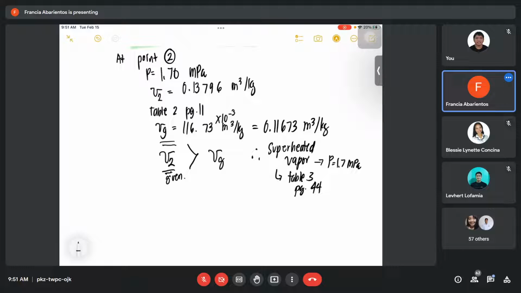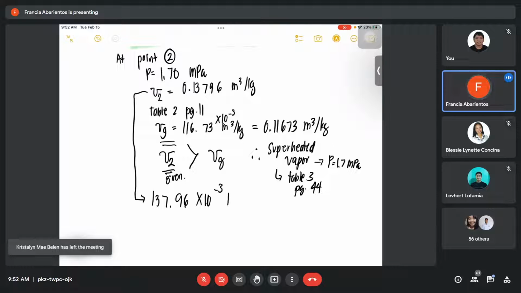Okay? Diba class, makikita mo dito sa steam table, sa table 3, makikita nyo yung mga values. Yung values natin, when this one is converted into times 10 to the negative 3, this is 137.96 times 10 to the negative 3 cubic meter per kilogram mass.